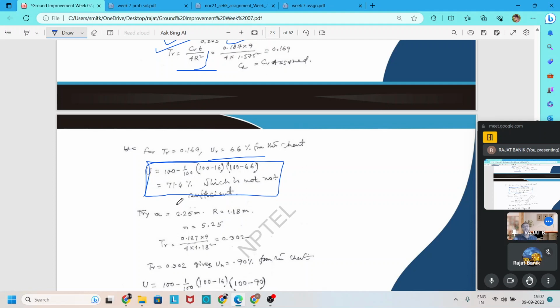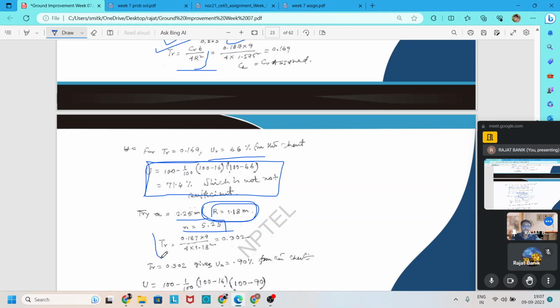To improve our ground up to 90% degree of consolidation, we now reduce our spacing, and from 3 meter we use 2.25 meter. For 2.25 meter the radius of influence also changes.